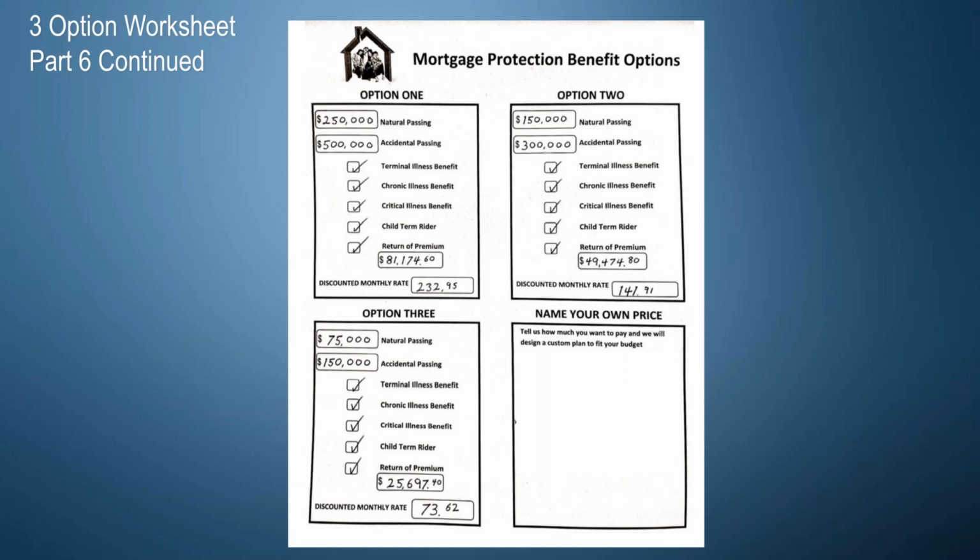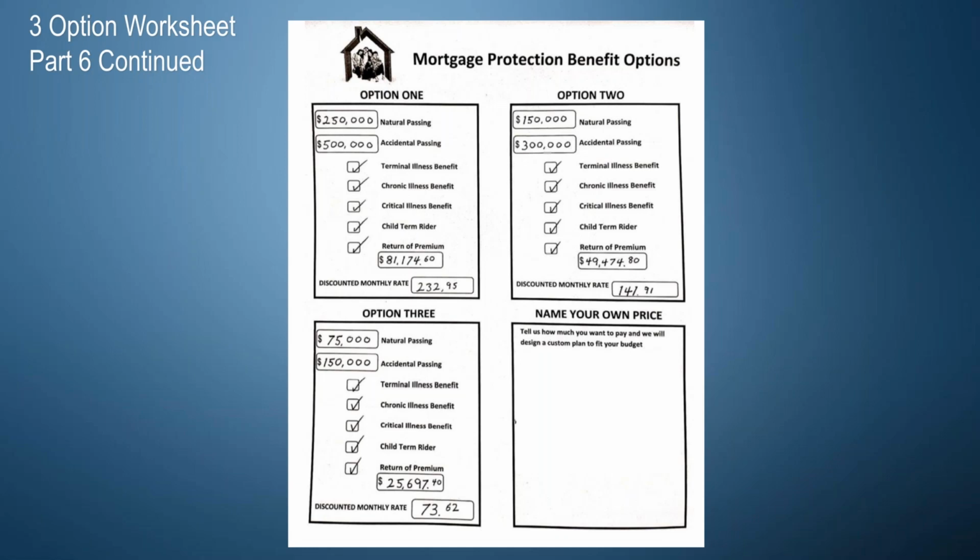Also, it includes a return of premium. What that means is that at the end of the term, if you don't die, because then they're not paying a death benefit, or depending on how much of the benefits you use for chronic or critical illness, Jimmy, you're going to get all your money back.